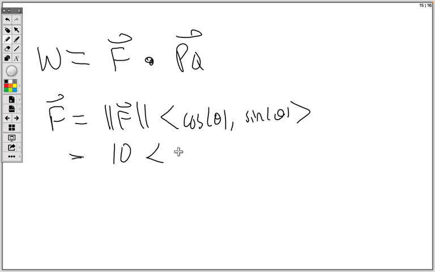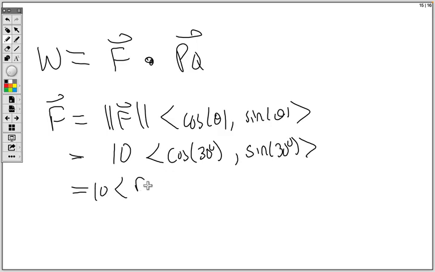The angle here is 30 degrees. So I've got 10 cosine of 30 degrees, 10 sine of 30 degrees, which is 5 square root of 3, comma 5. So that's the force.